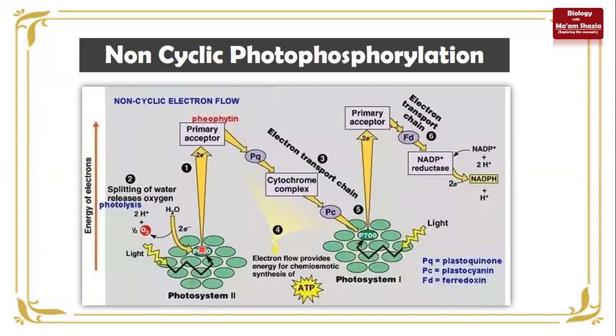That is why it is called non-cyclic. It is coming from one and entering the next. In case of cyclic, it is coming from the second and it will come back to the second again. That's why it is called cyclic.